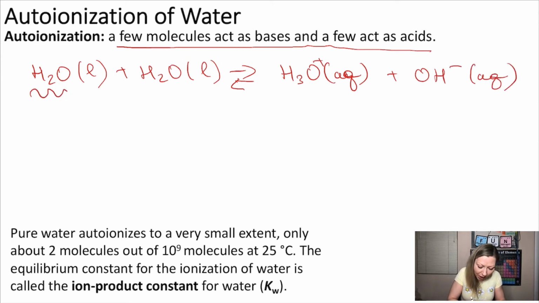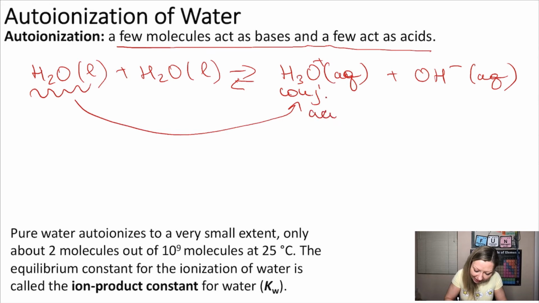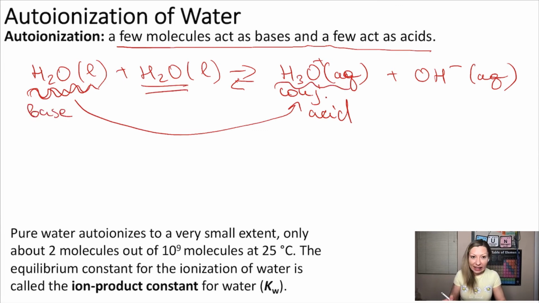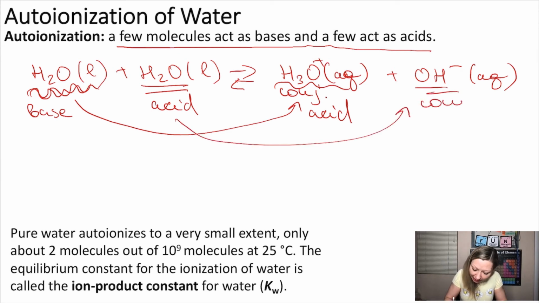One of the water molecules is going to accept a proton, right here, forming a conjugate acid. So this first water molecule is going to be our base, but the other water molecule right here is going to act as an acid and donate a proton and form a conjugate base.